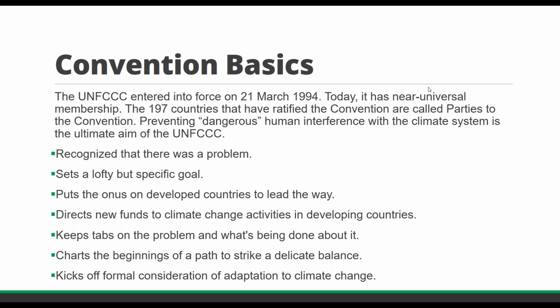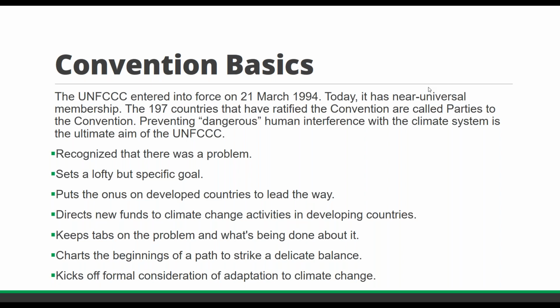It sets from the beginning an understanding that climate action puts the onus on developed countries to lead the way, and also establishes a path forward for directing new funds to climate change activities in developing countries. I'll show you a little bit later as well, but it's really important to know that this is embedded in the principles of the convention, this differentiation and the responsibility and leadership of developed countries.